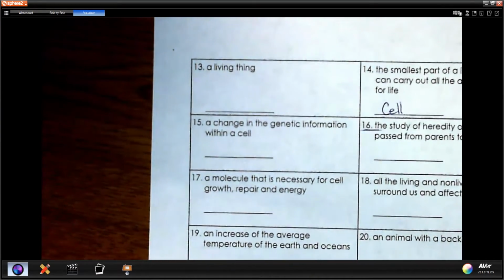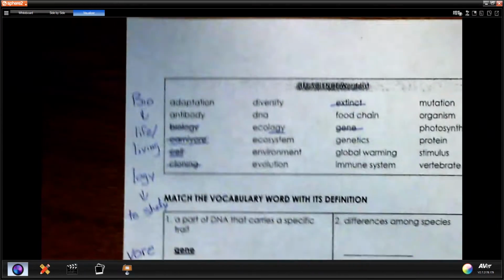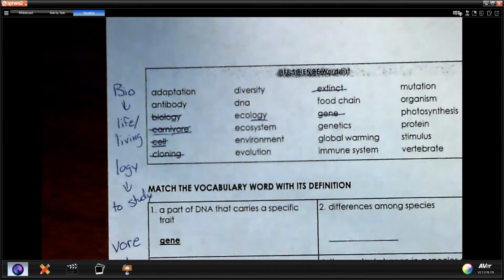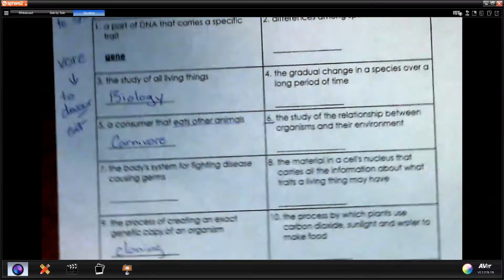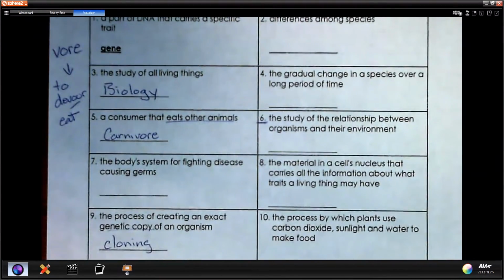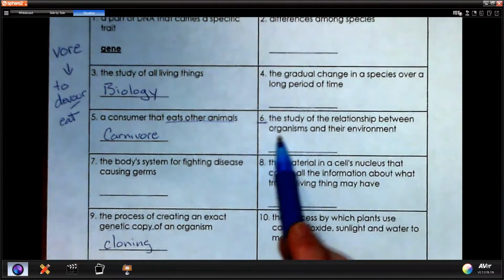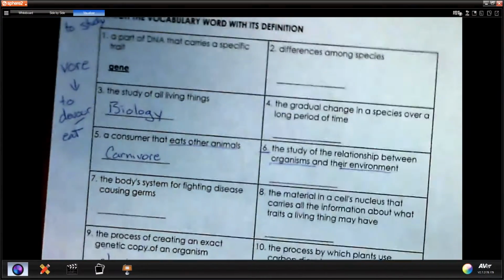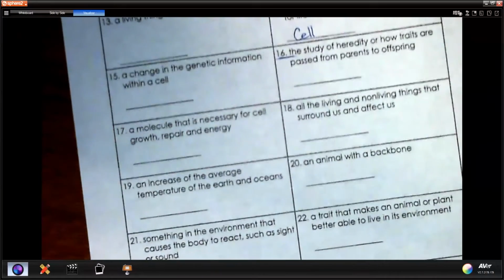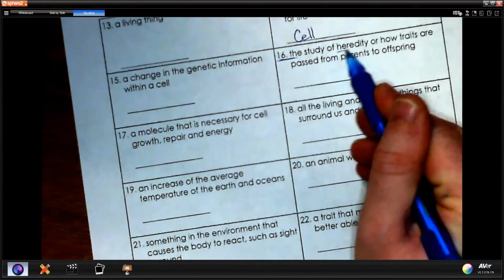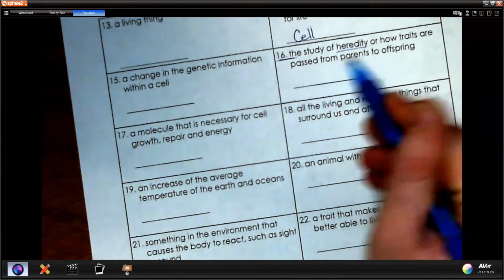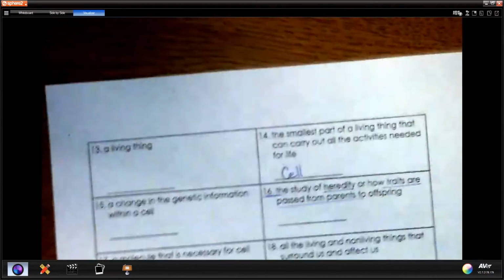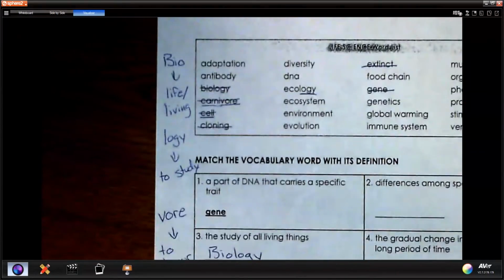So I have only two things that say a study of something, right? So now, because I know logy means study of, it has to be one of those two, right? Now I just need to figure out what's going to be the best fit. So a study of the relationship between organisms and their environment. And the other one, the study of heredity, or how traits are passed. Okay, so which one do you think ecology fits better?